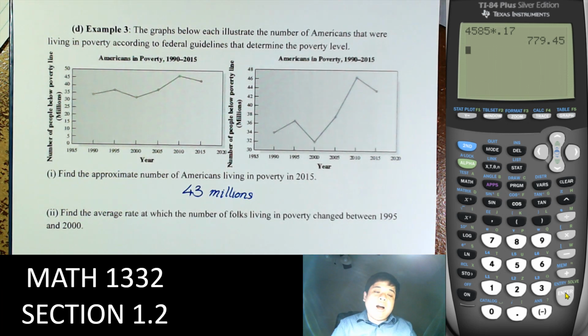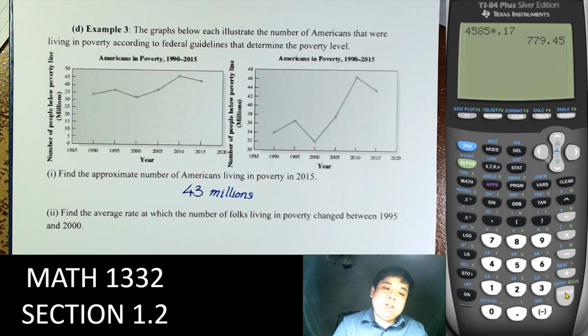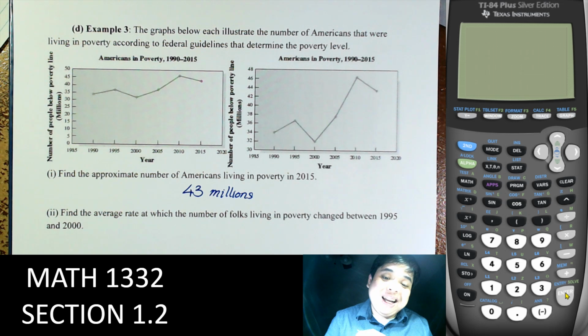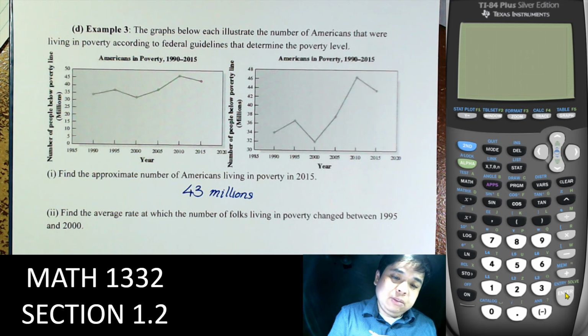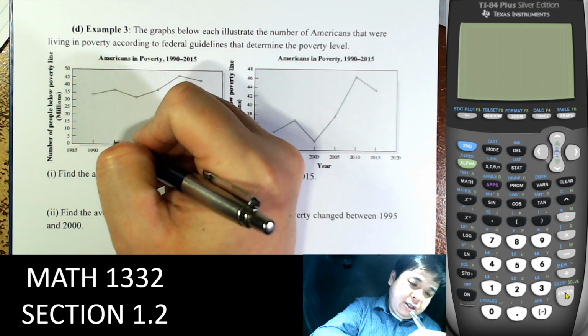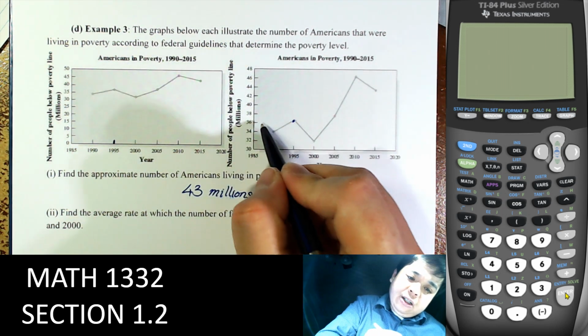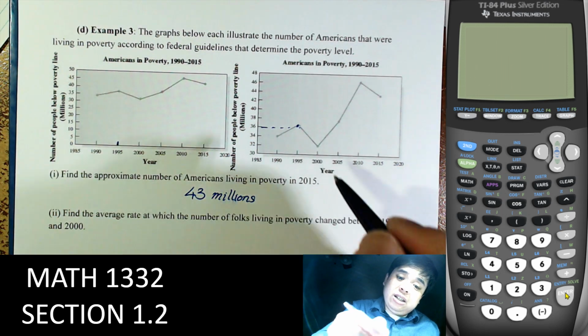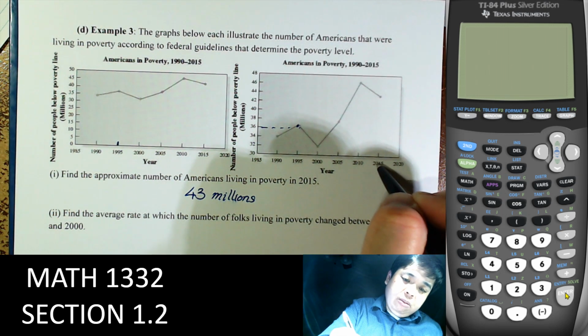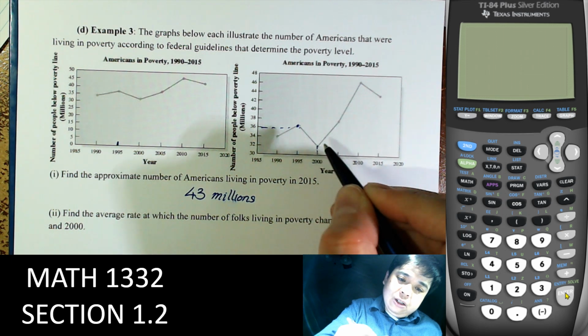Now, find the average rate at which the number of folks living in poverty changed from 1995 to 2000. Oh wait, what do they want? 1995. 1995 is this data, so about 36, and then 2000 is 32.